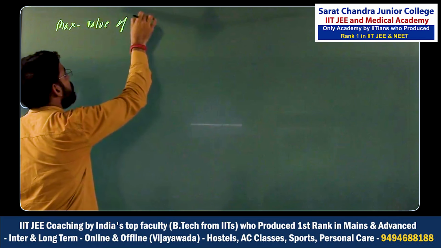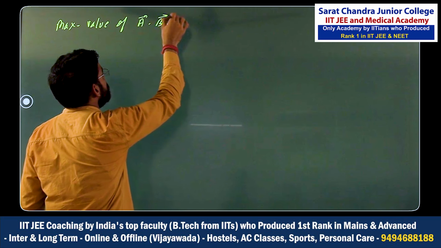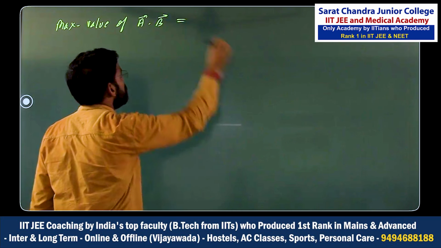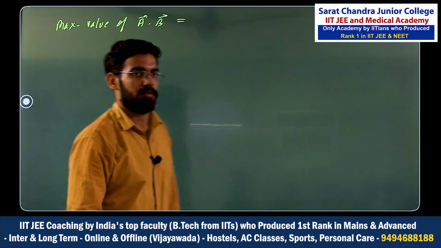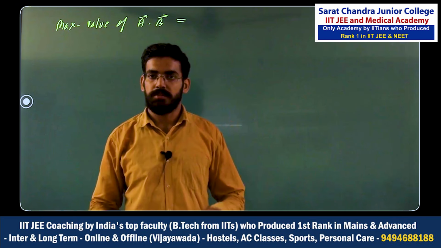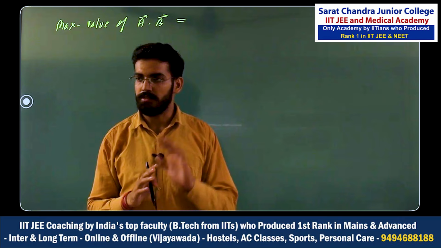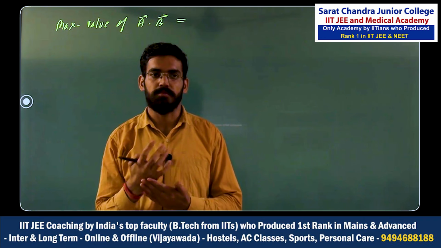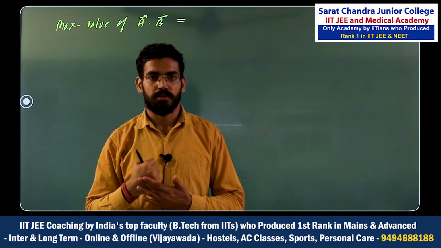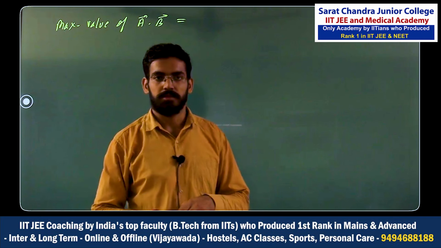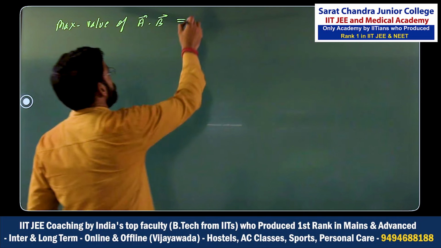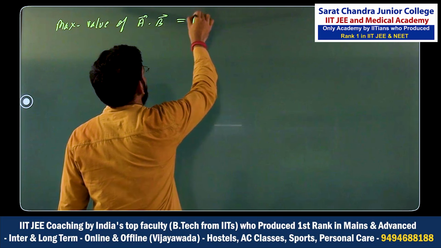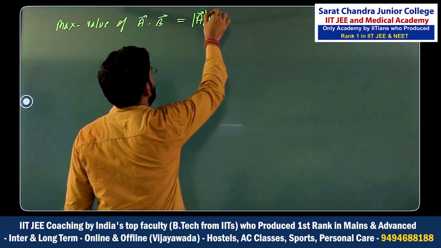Next thing we can say is the maximum value of A vector dot B vector. Let's say I'm taking the magnitudes constant, some A magnitude A and B magnitude B. The dot product is maximum when cos theta is maximum, when theta is 0 degrees. So the maximum possible is magnitude of A into magnitude of B, correct?